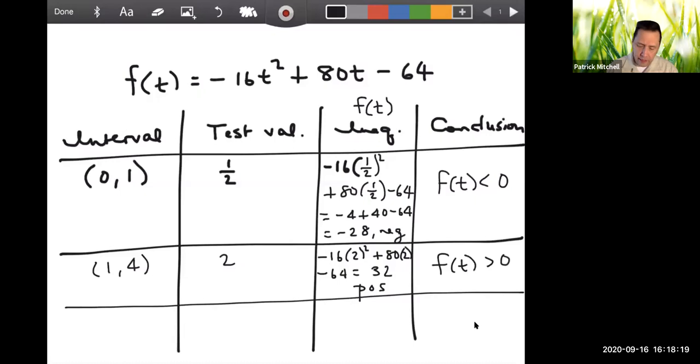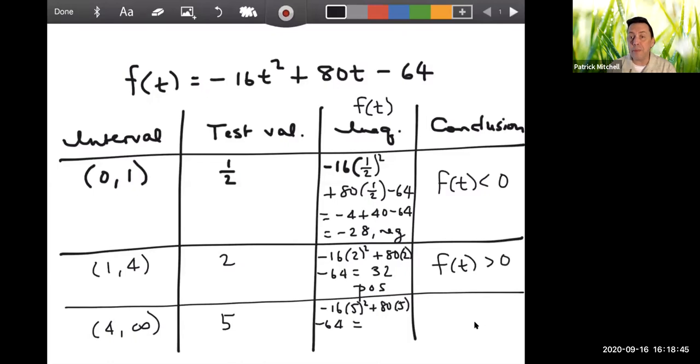And then finally, the interval from 4 to infinity. Shall we go with 5 for our test value? Negative 16 times 5 squared plus 80 times 5 minus 64. 5 squared is 25. 25 times negative 16 is negative 400.